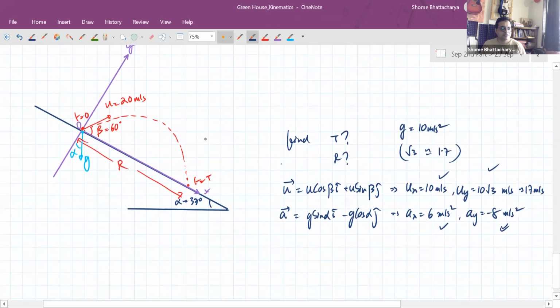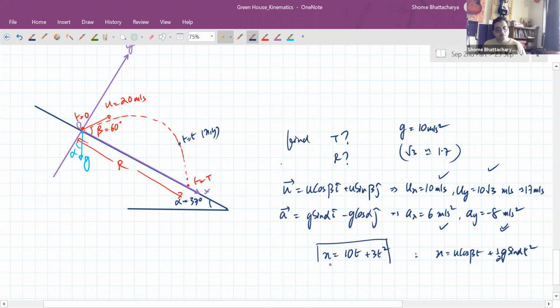So now at some general time t, if it has coordinates x comma y, x will become 10t plus 3t square. Okay. Or in general, you can say it is u cos beta t plus half g sin alpha t square. Okay.